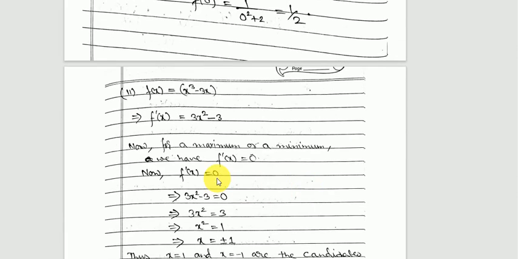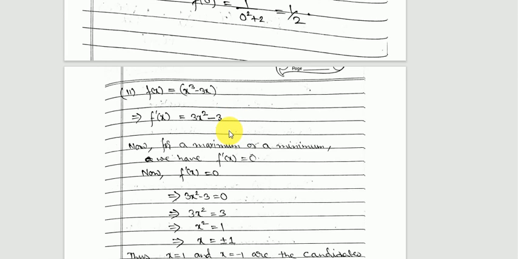The second question is this: f of x equal to x cube minus 3x. So here first we'll find the derivative. The derivative is 3x square minus 3. Now we will put this equal to 0 because we want to know the points of maximum and minimum, because we know that at a point of maximum or minimum the derivative is equal to 0.